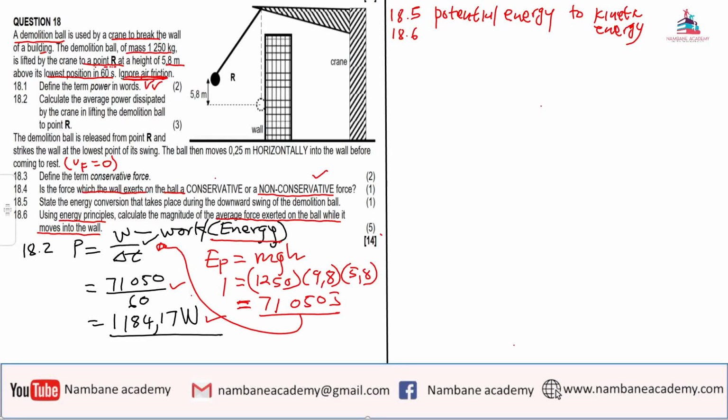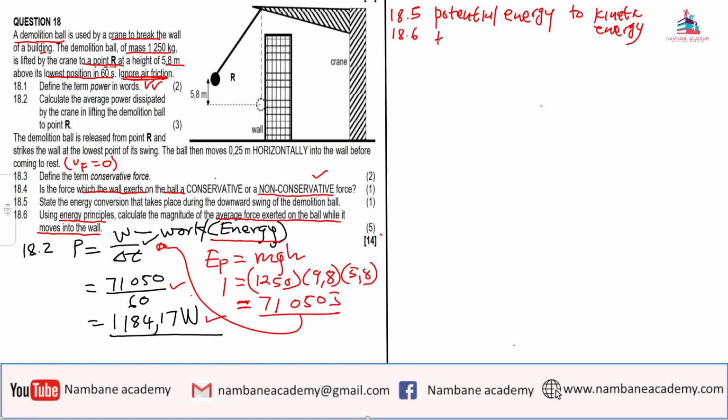But conservation of mechanical energy will not assist us to calculate the average force. So the only principle that works with forces is the work-energy theorem. But I am going to use the two combined in order for one to exactly understand what is happening.